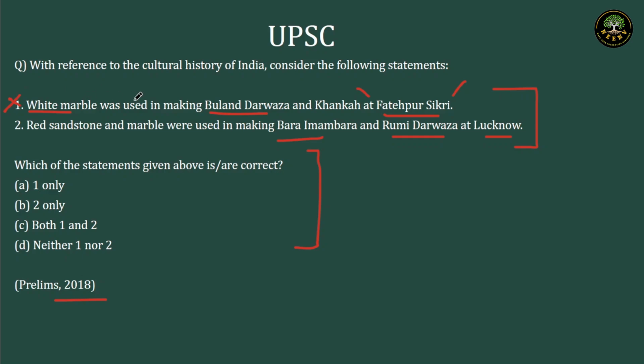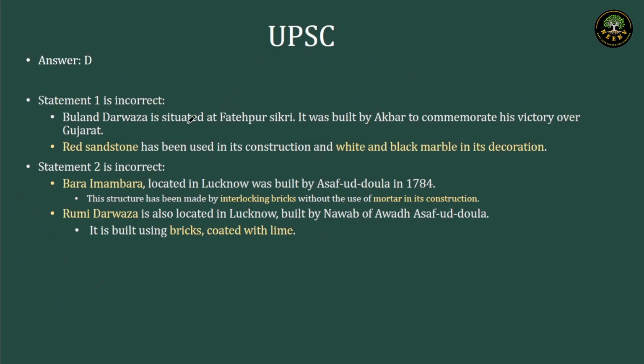Because white marble is there, but it is not the major material, or it is not used for the construction of this as such. It is just an ornamentation material. Akbar has constructed most of his buildings, including the Agra Fort, with red sandstone. And white and black marbles were just for decoration. So the first statement is incorrect, taking into consideration the UPSC answer key.